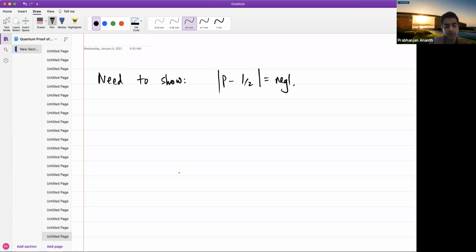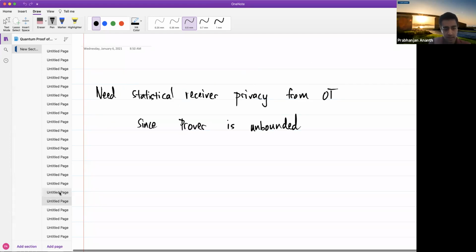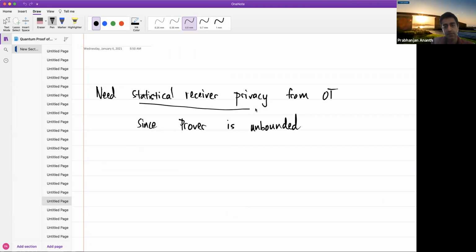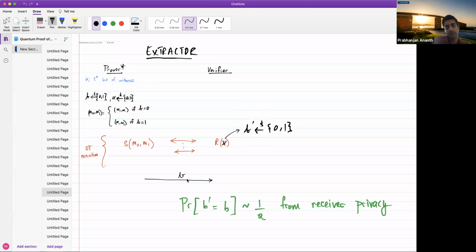And the way we are going to show it is using an observation we made earlier. Using the statistical receiver privacy property, we can argue that the probability that B prime is the same as B is negligibly close to half, right?